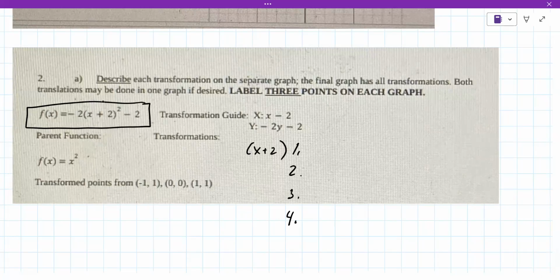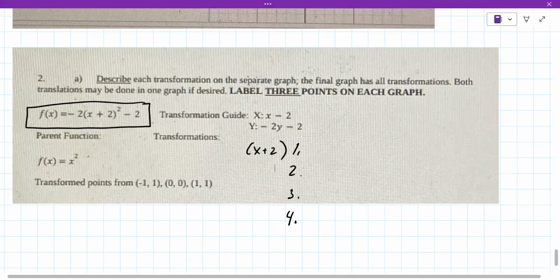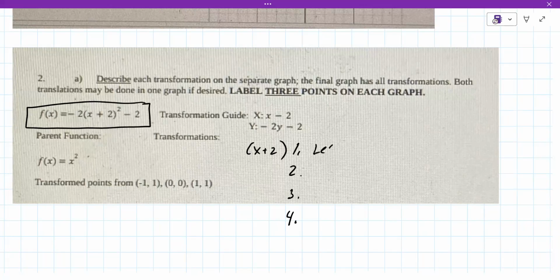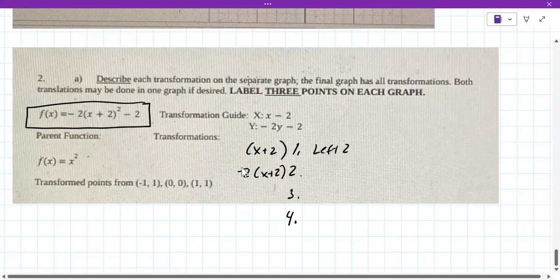It's moving it to the left by 2 units. Left 2, perfect. And then there's a -2 out in front of the x plus 2. So we break that into two parts. You can treat the negative as coming second or the 2 coming second. It doesn't really matter. You just got to get them in the right order.